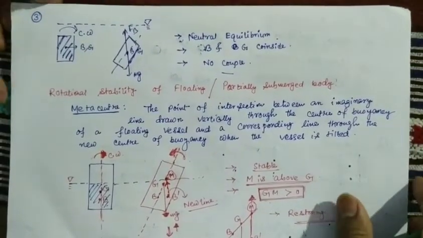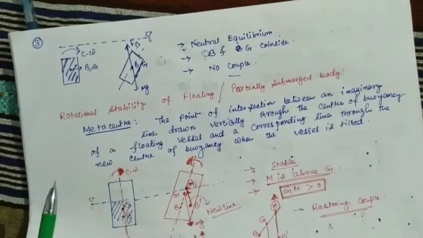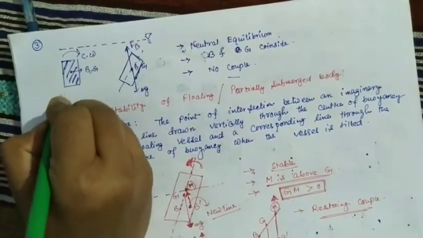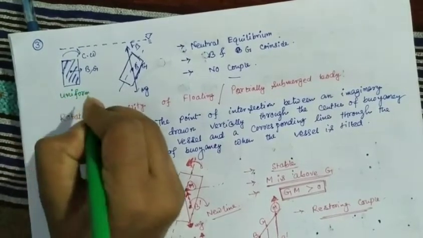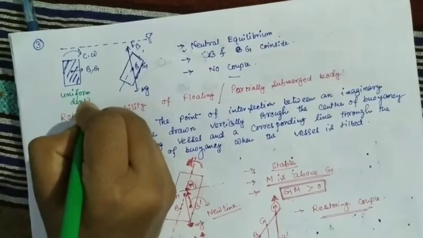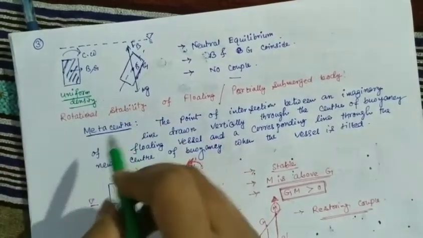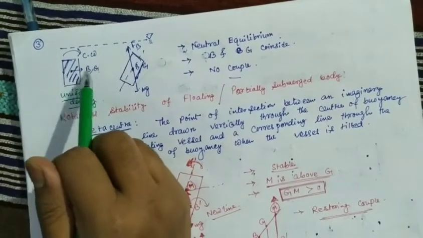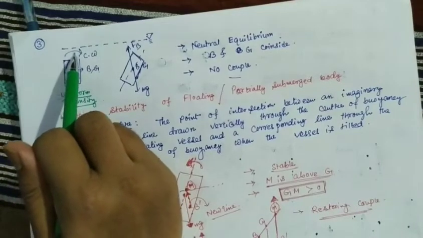Now the third condition. I am taking this rectangular body but with uniform density. Then the center of buoyancy and the center of gravity will be at the same position. Now I give it a clockwise rotation.